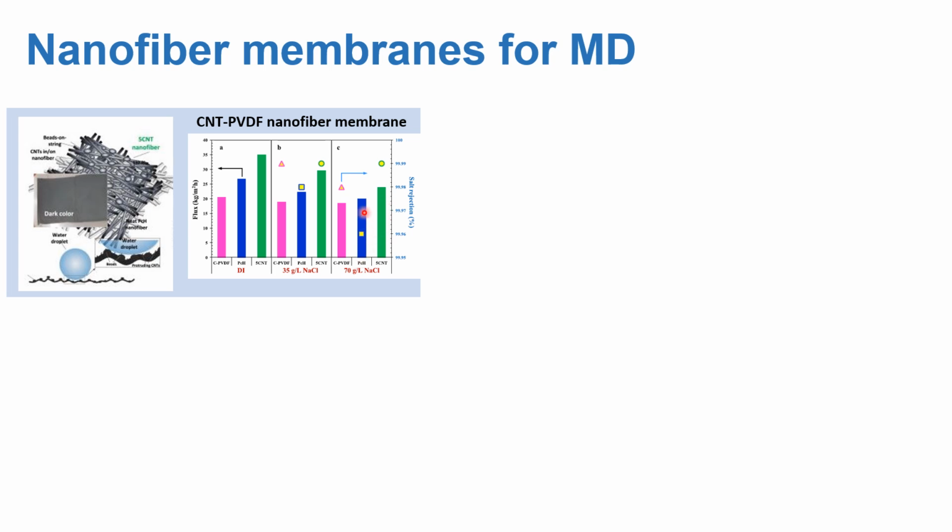The blue one has no carbon nanotube, it's just a pristine PVDF-based nanofiber membrane, and the pink one is a commercial PVDF microfiltration membrane. As you can see, our fabricated membrane, the green one, has resulted in very, very high flux and has consistently been the highest flux among the three samples.